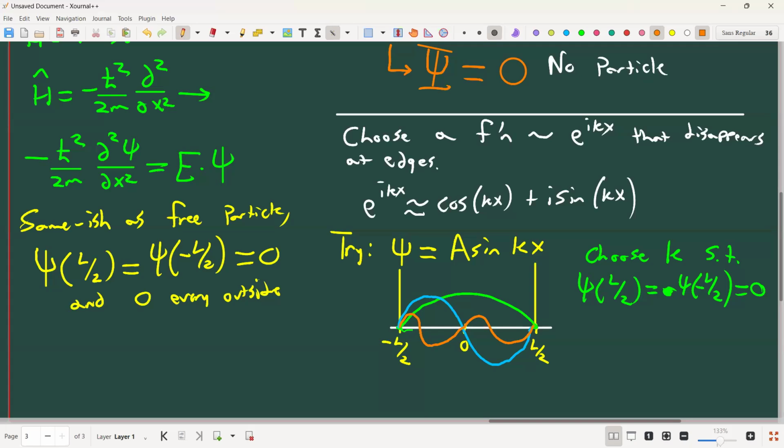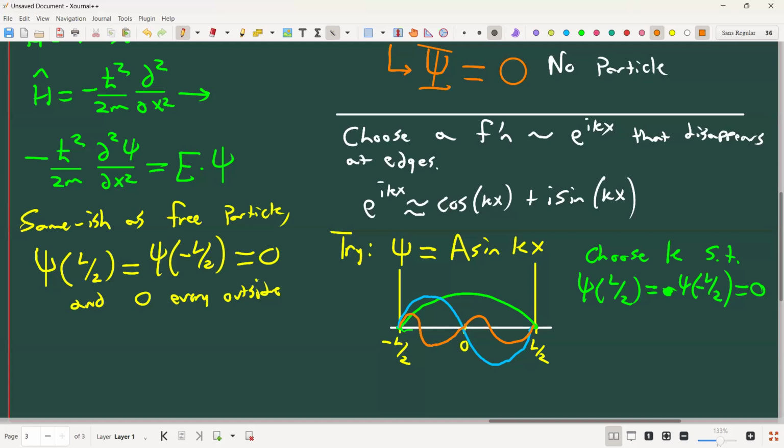So let's think about what must be the general solutions for this. In order for this to be either a half period, a whole period, or two periods across it, k has to be proportional to L. Remember, k has something to do with the frequency. So we want to set the frequency such that it leads to a wavelength that's either the length of the box or half the length of the box or a fourth the length of the box, and so on and so forth.